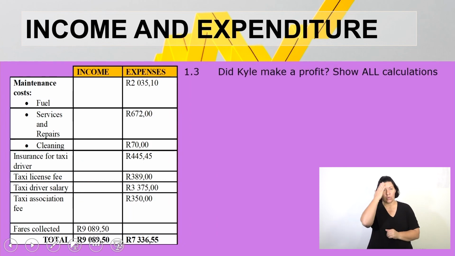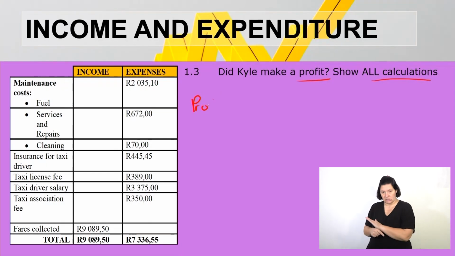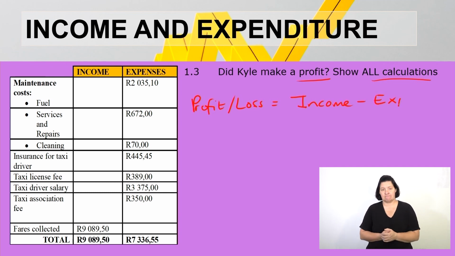We want to know here, did Kyle make a profit? Show all your calculations. Now let's start with the 4 steps again. Step number 1, we start with our formula. In order to see whether it's a profit or a loss, how do we calculate that again? We say income minus your expenditure or your expenses.